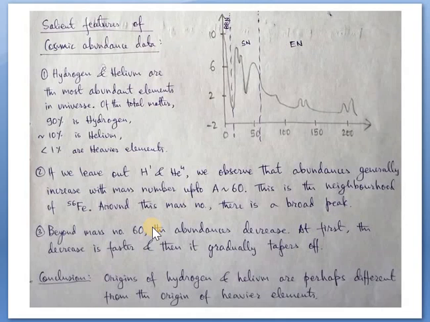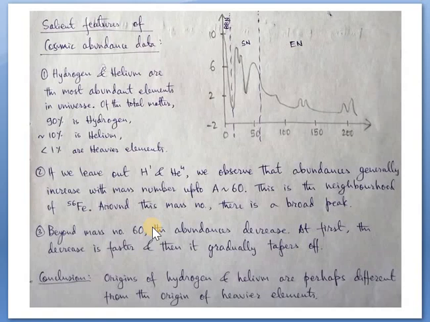The first thing to note is the very high abundance of hydrogen and helium, which are the most abundant elements in the universe. Of the total matter, 90% is hydrogen and approximately 10% is helium. Interestingly, less than 1% are heavier elements.